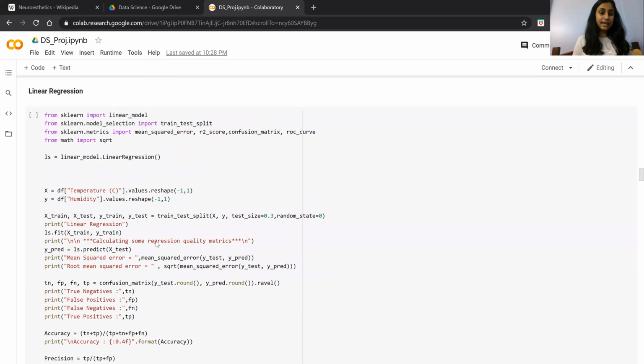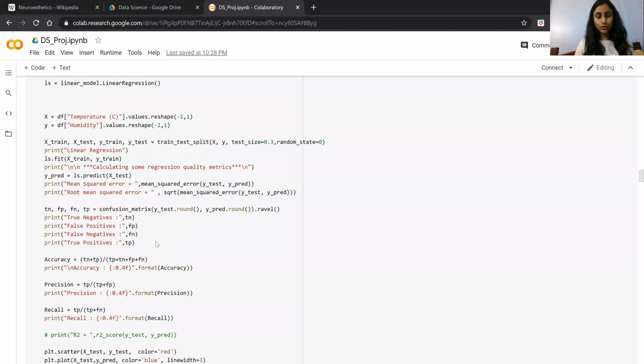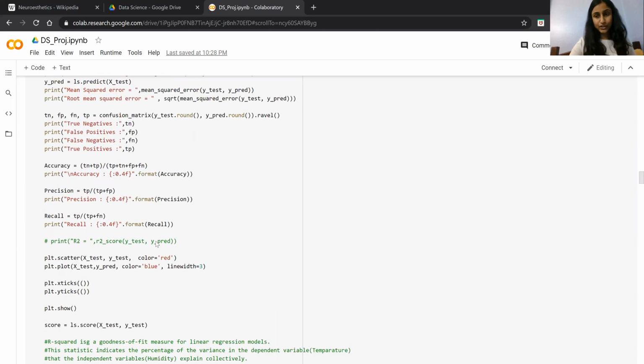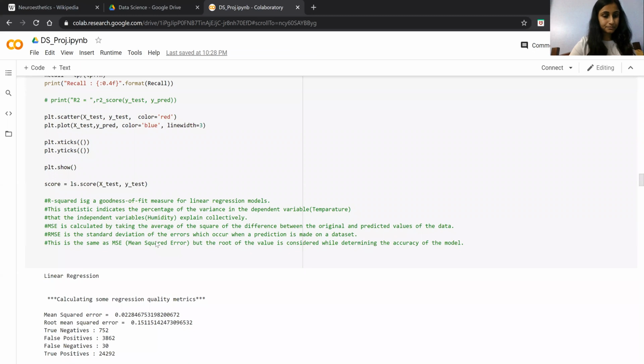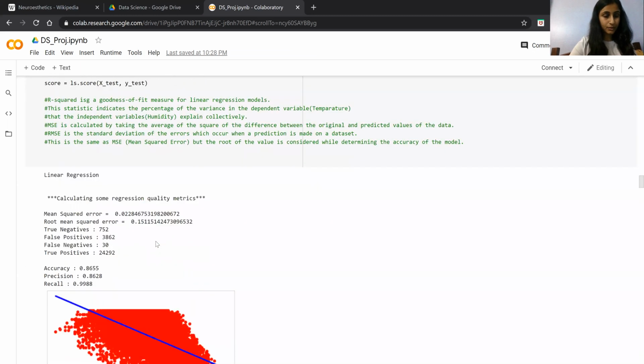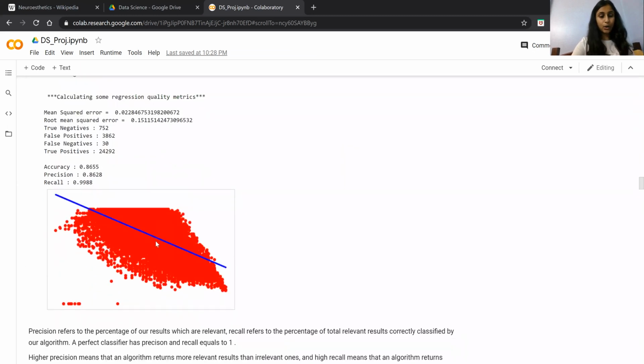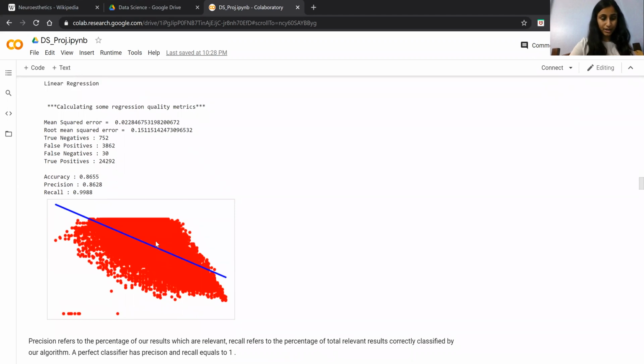Next, coming to linear regression. In order to show it, we've calculated our true negatives, false positives, as well as true positives. We've printed accuracy, precision, and recall. This is the plot that we have got for our linear regression.